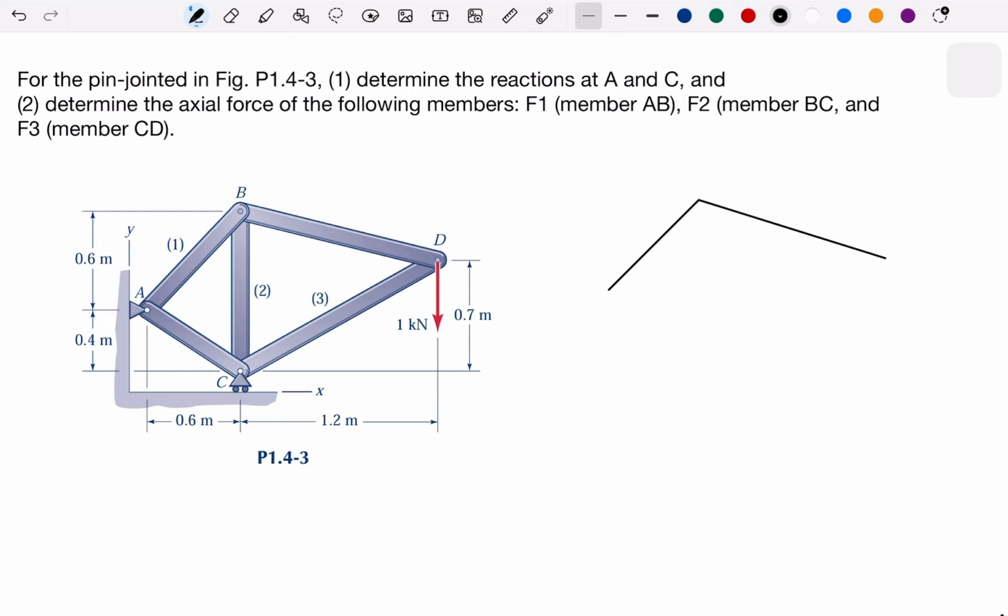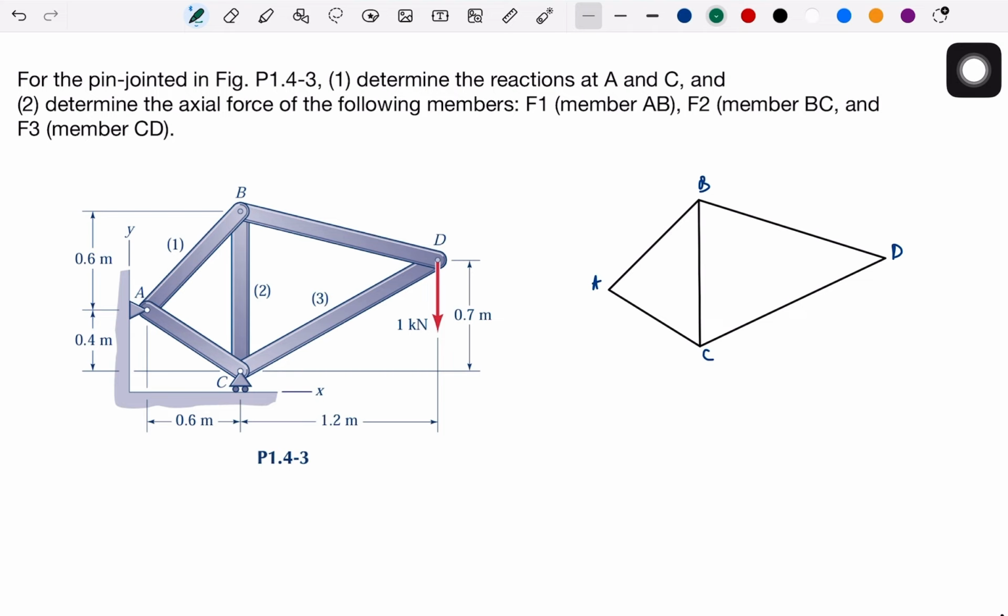So it's going up a little bit, and then this will be about that much. And then this will be that. Okay. Now we name all the points A, B, C, D.